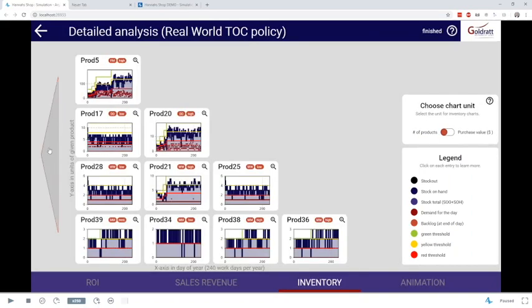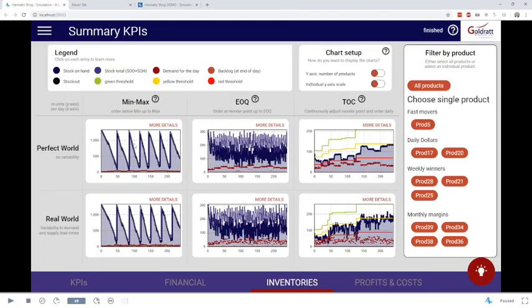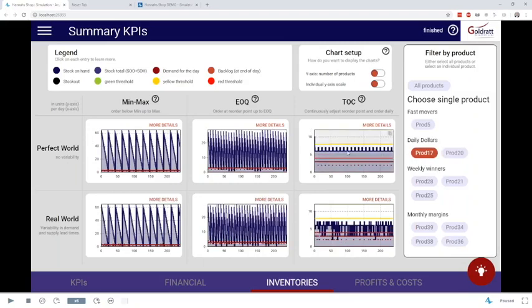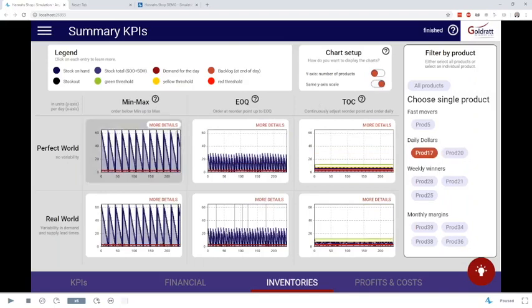So remember that intuitive test of the min-max rule where I said it seems to be holding about 3 times more than you'd actually need for such a product. We can compare across the different policies and perfect world versus real world by saying, please show me the inventory chart just for product 17. That's the one that we'll always be interested in. And now we can also say, please show it with the same scale.